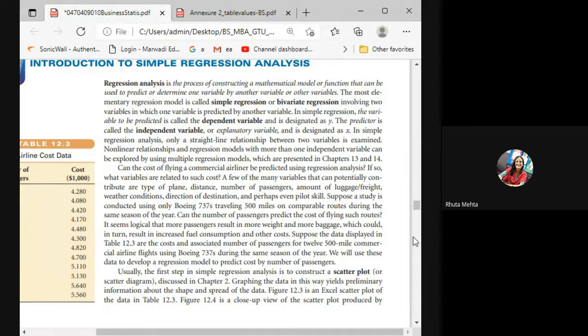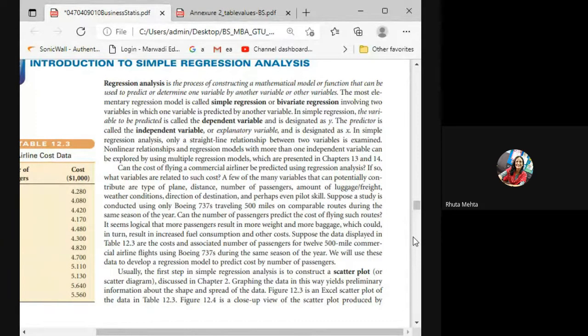The dependent variable is also known as the predicted, denoted by y, and the predictor, that is the independent variable, is denoted by x.